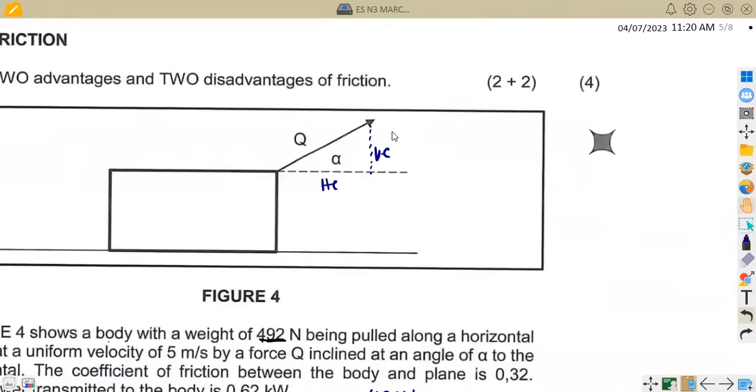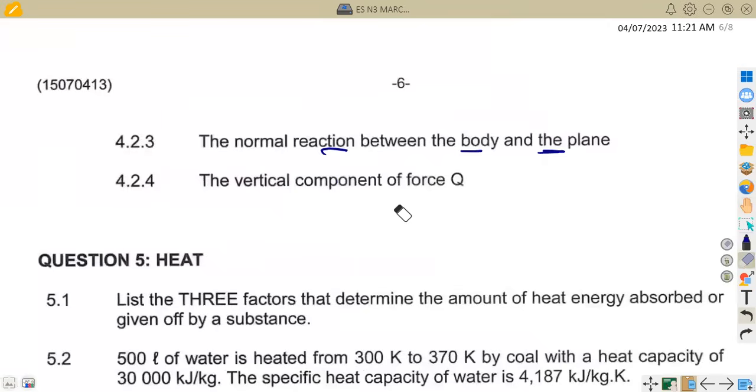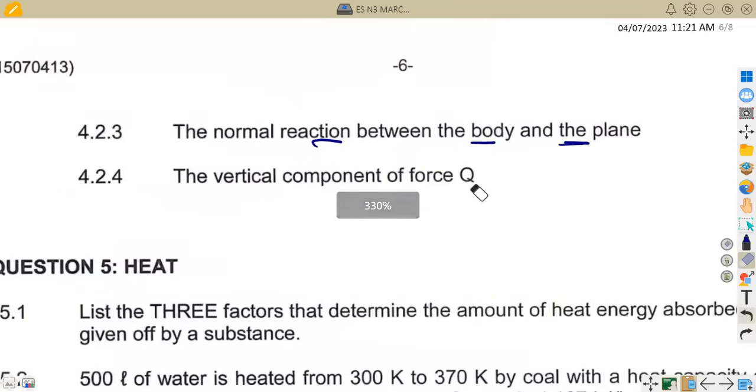So we are just going to have the difference between these two. Sorry, I'm now confusing you guys. Let's get back to the question. The vertical component of force Q in this case.